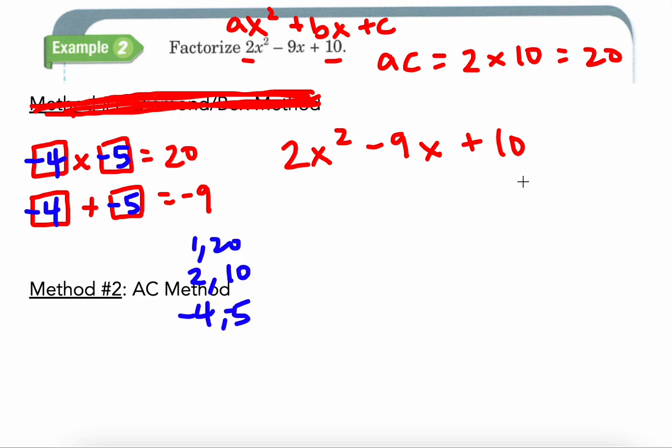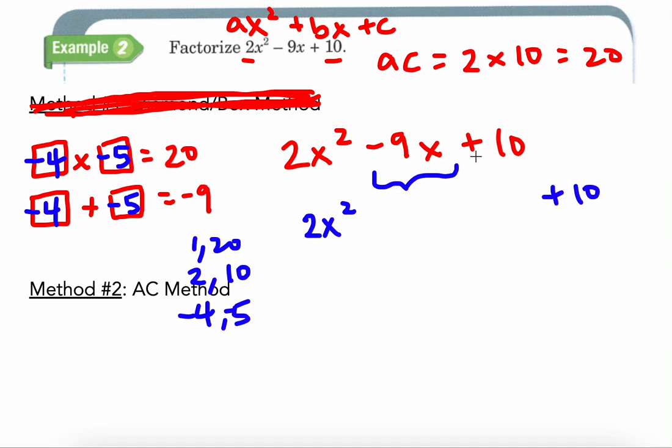Now here's where it differs a little. We already talked about how the problem is this middle term, right? This minus 9x, and how we don't really touch the other terms, the 2x squared and the plus 10. Same thing applies over here, okay? I'm going to recopy down the 2x squared and the plus 10.